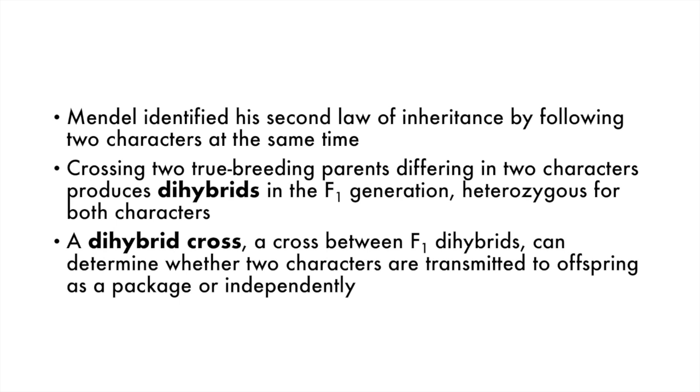So he had true breeding parents for two different characters, for seed color and for seed texture, whether it was round or wrinkled, and these were dihybrid crosses. So they have two different characters that were being looked at. And the question he was asking is, do these characters get transmitted or given to the progeny, the offspring, together as a package, or is it possible to separate them? Are they sent out independently?